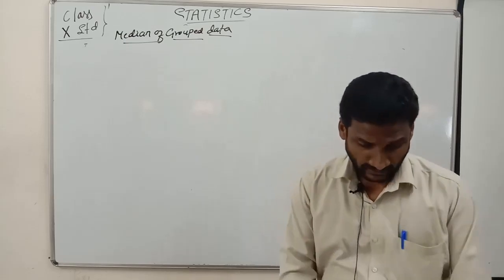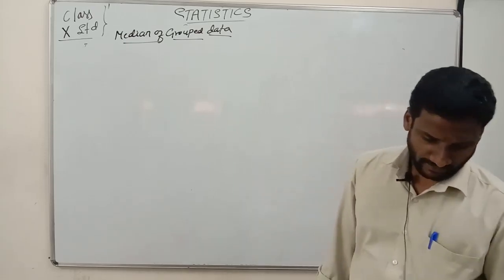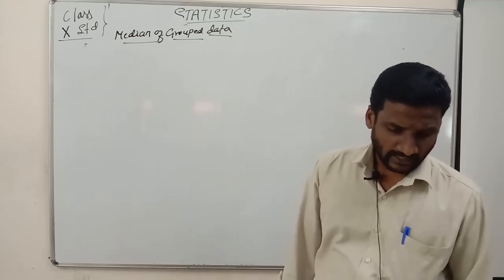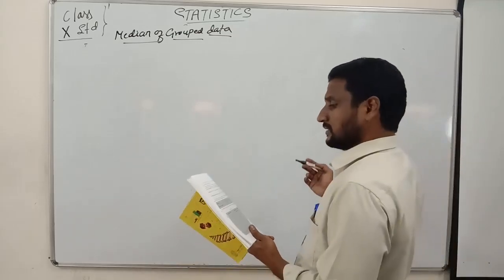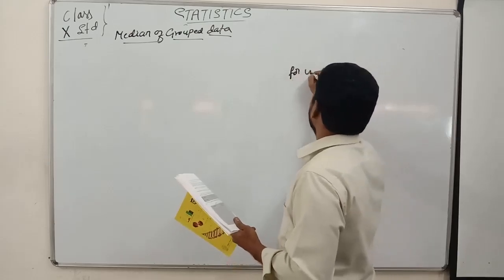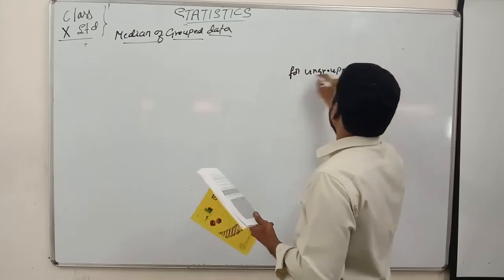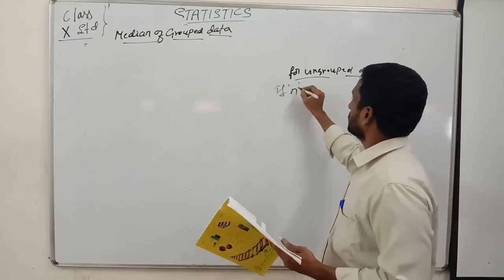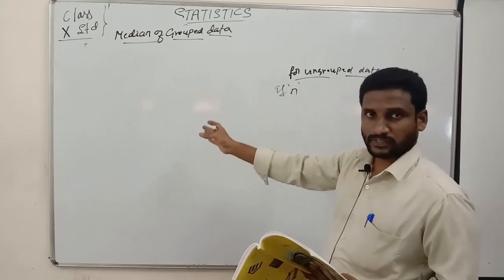In 9th standard you already learned the median using central tendency, that if n is odd, then the median is, for ungrouped data, n means the number of values in the first column of data.